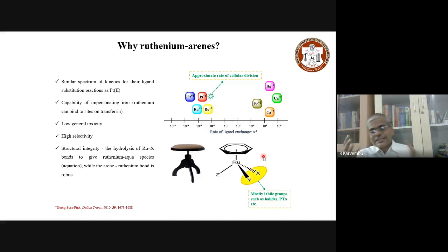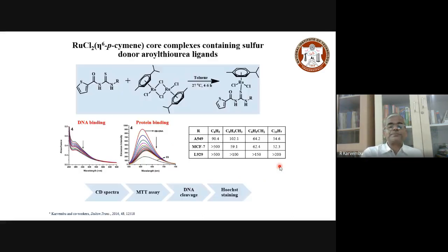But there is a structural integrity because of the arene. At the same time, the aqua complex can be formed, which can interact with the DNA and subsequently kill the cancer cells. And with this background, we have prepared a similar ruthenium para-cymene complex containing acyl thiourea ligand.